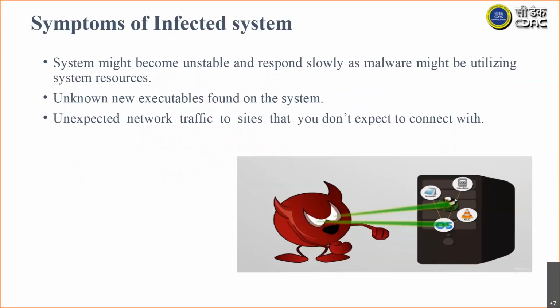So how do you understand that your system is infected by a malware? The system might be unstable and respond slowly, as malware might be utilizing the system resources. Unknown new executables can be found on the system. Unexpected network traffic to sites that you did not expect to connect may appear.